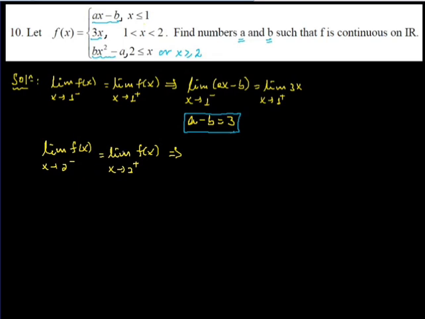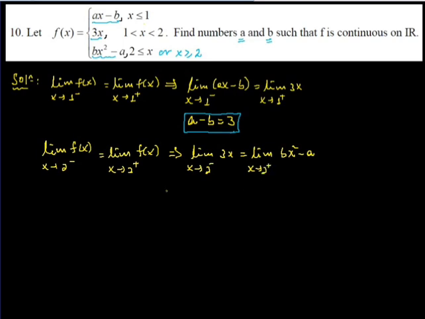So from the left of 2 we use 3x. So the limit of 3x as x approaches 2 from the left must be the same as the limit of bx squared minus a. We take bx squared minus a for x approaching 2 from the right.